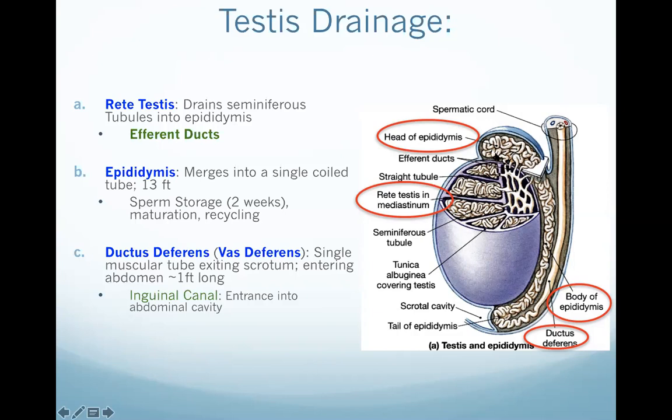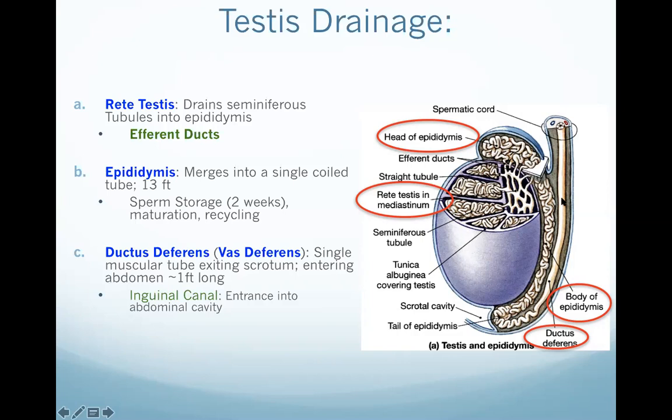All right, so from the epididymis, this is all again located within the scrotum. We now are going to exit the epididymis into a single tube that will then exit the scrotum and go into the body in order to be ejaculated. This single tube that is going to exit the epididymis and travel up into the body is the vas deferens or ductus deferens.